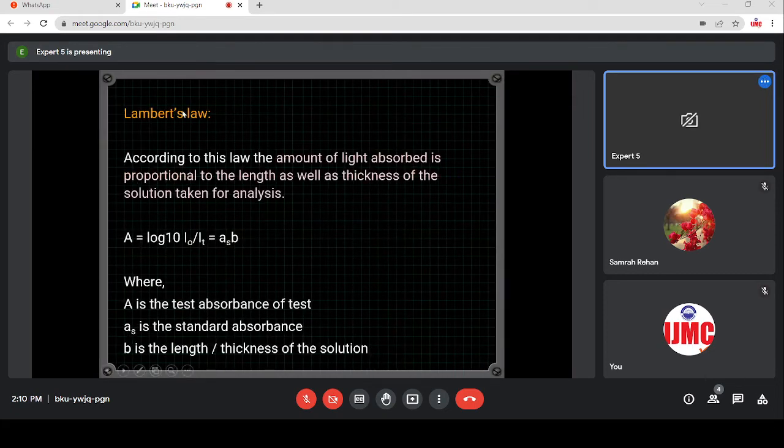Another law used in colorimetry is Lambert's law. According to this, the amount of light absorbed is proportional to the length, or thickness, of the solution taken for analysis. Here A is the test absorbance, AS is the standard absorbance, and B is the length or thickness of the solution.